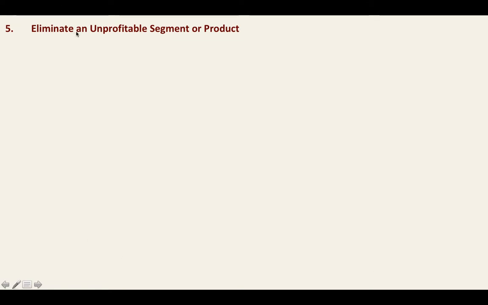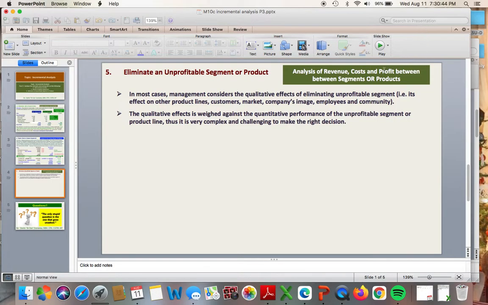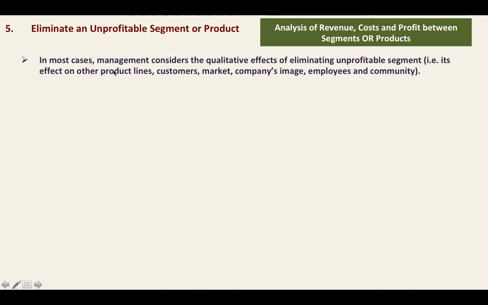And here we have eliminate an unprofitable segment or product. And supposedly we are to analyze the revenue, cost, and profit between the segments or products. Okay. And class, in most cases, management considers the qualitative effects of eliminating an unprofitable segment.